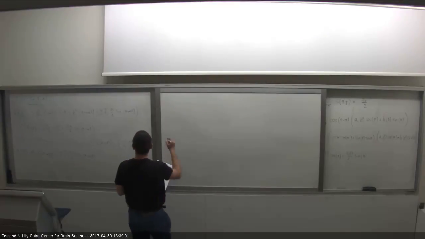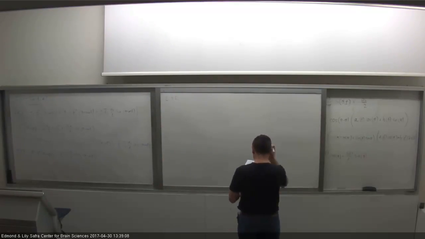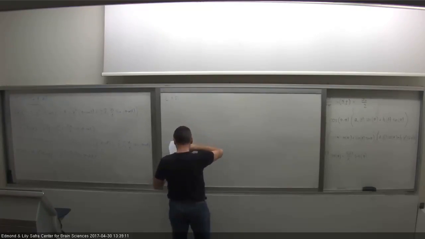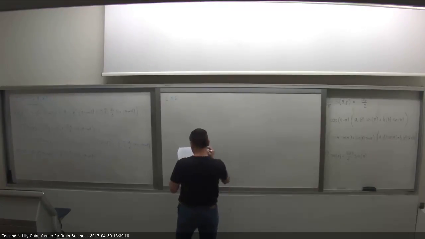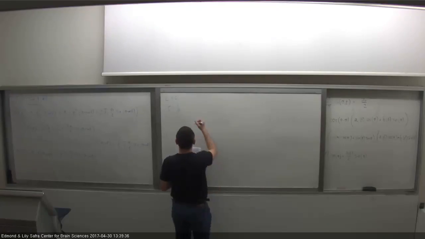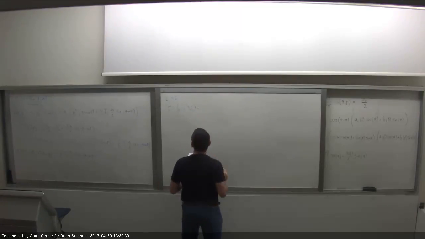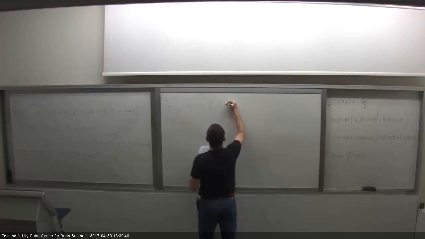So now we can discuss the left-hand side of the equation. So we are interested in tau, and again we will assume this moving bump solution.